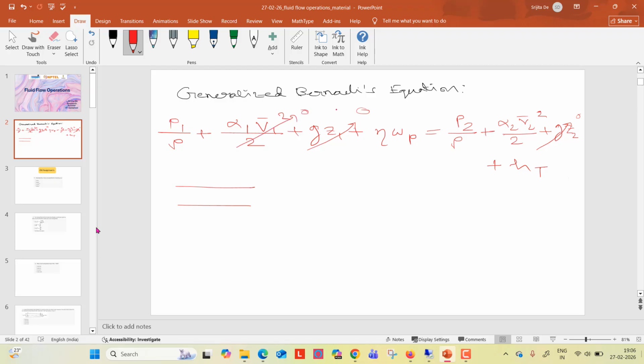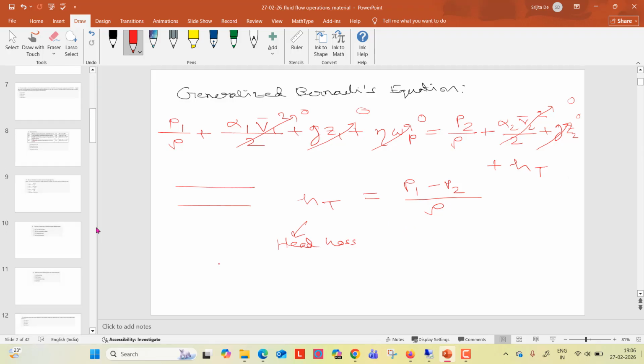So this term will also be 0, and we are not doing work, so this is also 0. So what is left? HT is P1 minus P2 by rho. So this is your head loss term, okay?